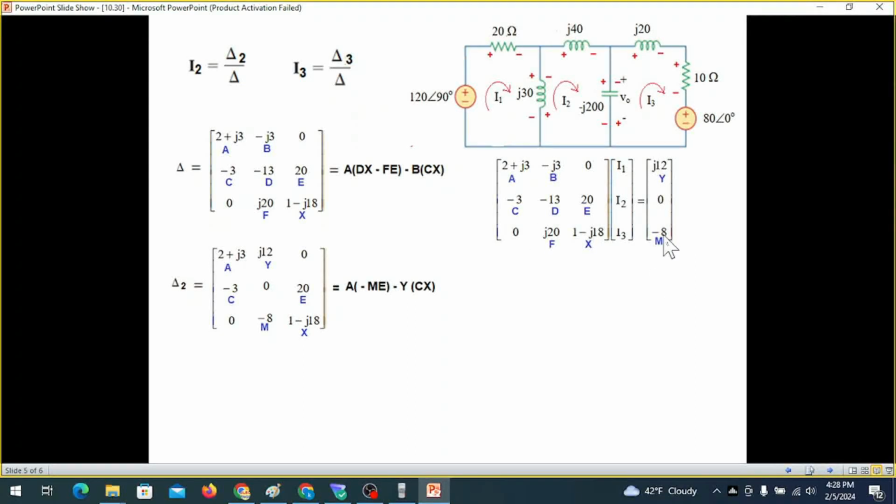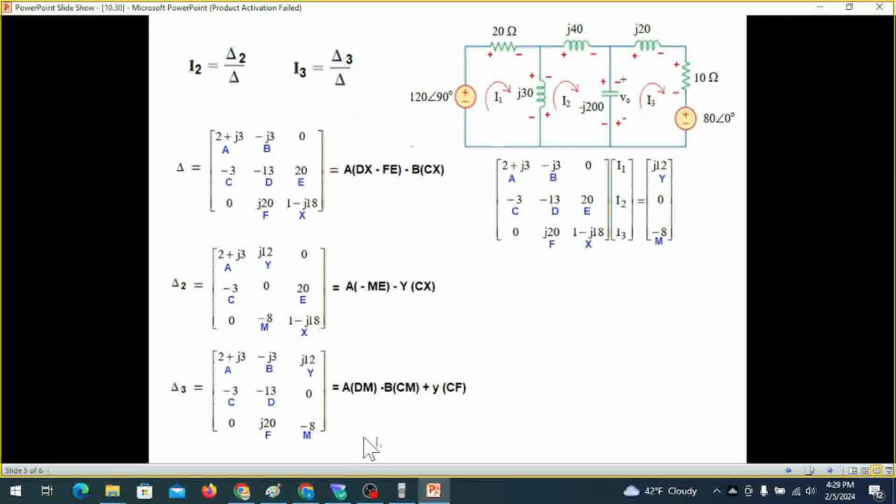So this is our output. We have placed that in the second column, and we'll follow the same technique. A, this is 0 minus ME, so A minus ME minus Y, and then Cx minus 0E, no need of writing that. And then we come to delta 3, the third column has to be replaced by this one.